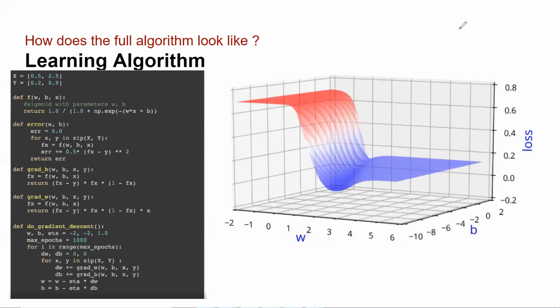I have X1, X2, and this is Y. It only consists of one term, so just X: 2.5, and here 0.2 and 0.9. Suppose this is my data set, it consists of only two observations. Then how would we solve for the optimal value of W and B using a sigmoid neuron?